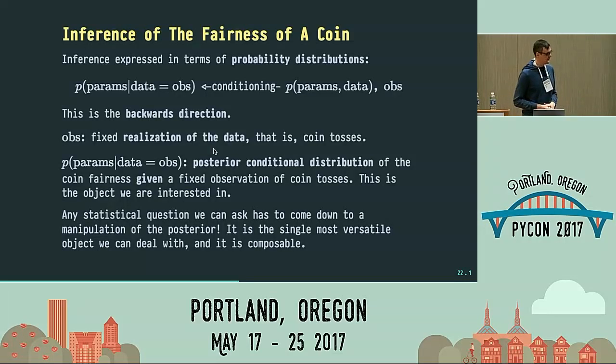And it also is very versatile in this sense, and it is composable. What I mean by composable is that this posterior could now be the prior of a secondary analysis that we do. So let's say you have your first 100 coin tosses, and then the other day you have another coin toss from the same coin, and you do these two analyses in succession.